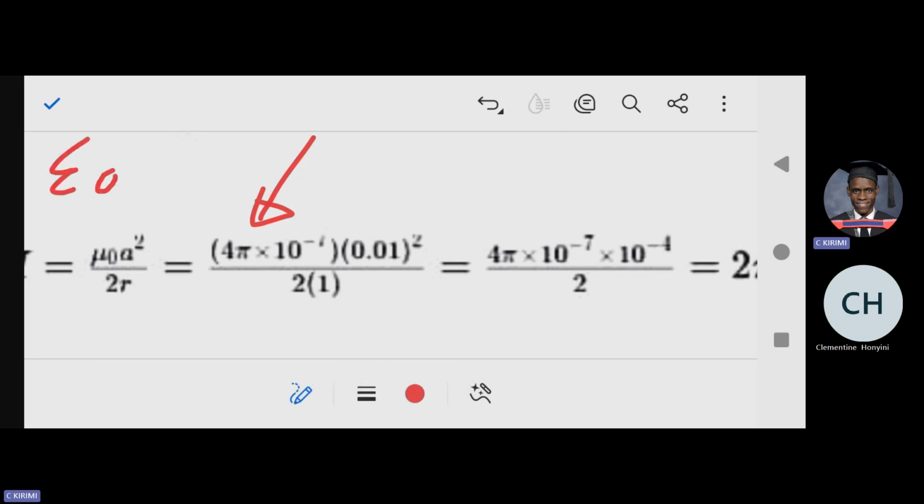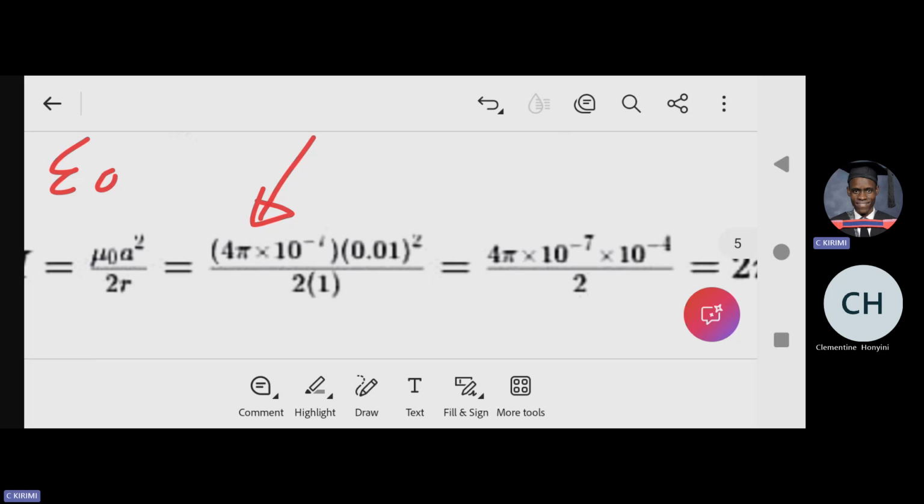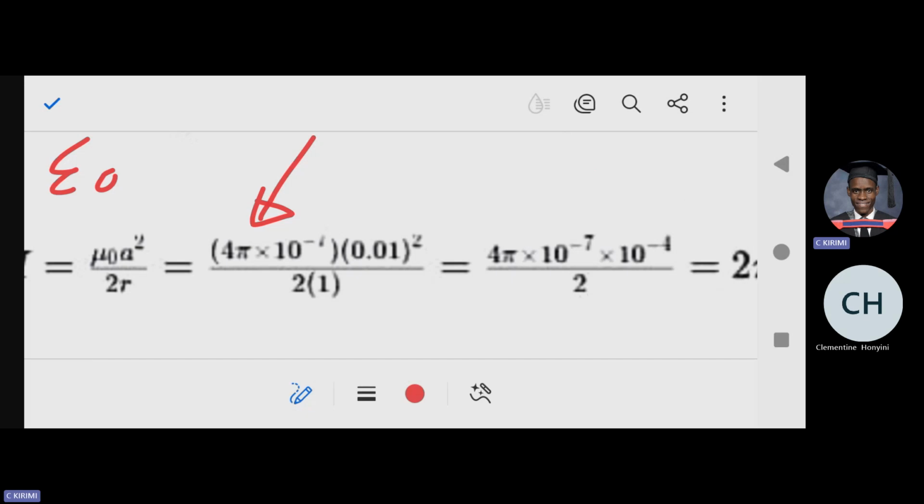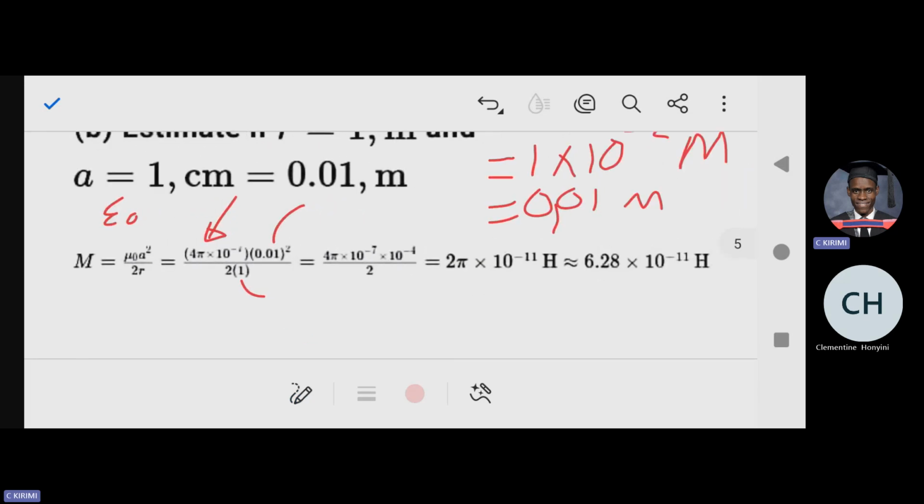Mu naught, you don't memorize, you are given. But A squared, you convert to meters. So the radius of the loop, you square it. 2R, the distance of separation was R. That's all. Then it's a matter of plugging in everything. And when you are done, put your units.